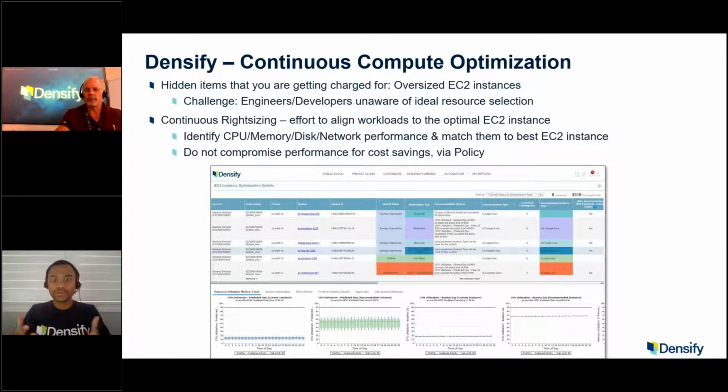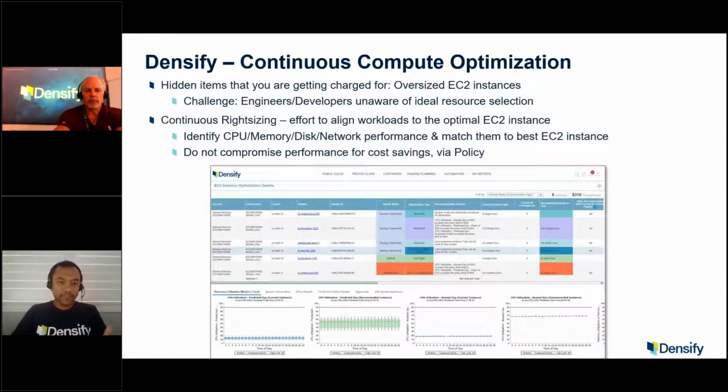Absolutely, and that's what this dashboard is showing for an engineer. For example, this engineer went ahead and selected a C4 2xlarge Linux because they thought it's a compute intensive workload. And what we did is we analyzed it and we said go to an R5A large instead. And what we're doing here is actually educating the customer, the engineers, to say, by the way, you chose a C4 2xlarge, but when we look at the compute utilization profile here at the bottom, we've looked over 60 days of data, and then we built a representative day to show what this looks like on a typical day.